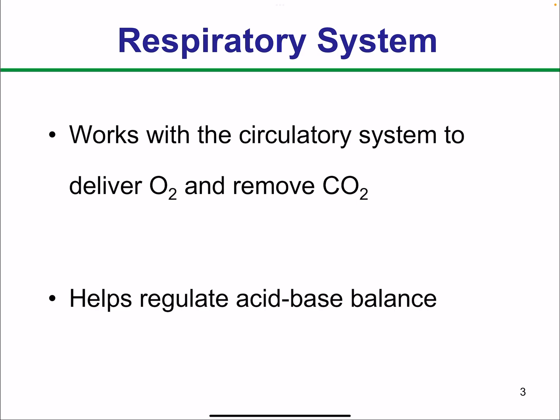That carbon dioxide is going to be captured by the blood and transported, and in the lungs, carbon dioxide is going to be released as a gas, and we expel it when we do expiration. All right? So the respiratory system works alongside the circulatory system to deliver oxygen to the tissues while removing carbon dioxide.